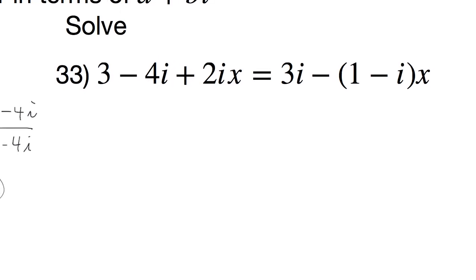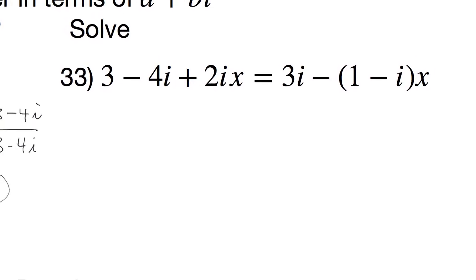Solve. So what we're going to do is gather all the x terms over here on the left-hand side of the equation, and all the non-x terms on the other side. That's going to be the immediate goal. I think the first thing I have to do is distribute.